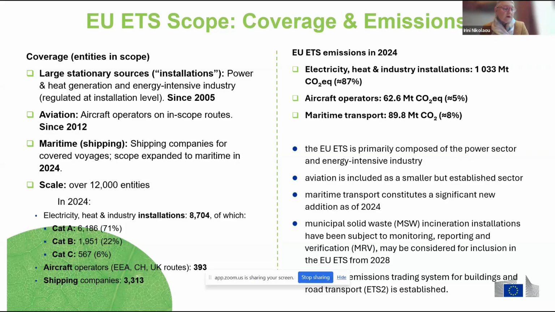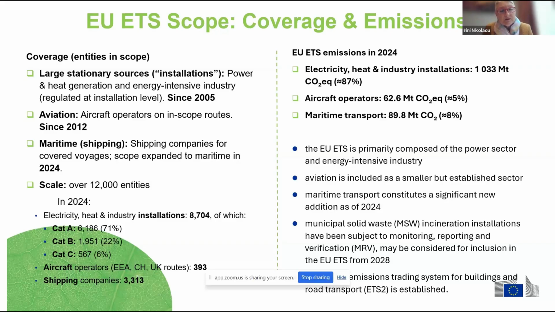When you talk in the next presentations about MRV, you will see that in the EU ETS we classify the installations depending on how many emissions they emit on average every year. So there is a category A, which is 71% of the installations. That means that they emit up to 50,000 tons per year.